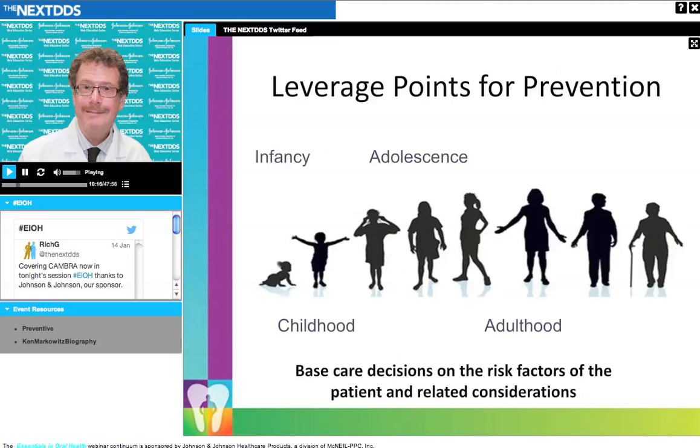Adolescence is a time when caries is a problem because children eat a lot of candy and don't brush their teeth as well as they should. So people who even avoided caries in early childhood can get caries in later childhood, in adolescence, adulthood, and in old age.